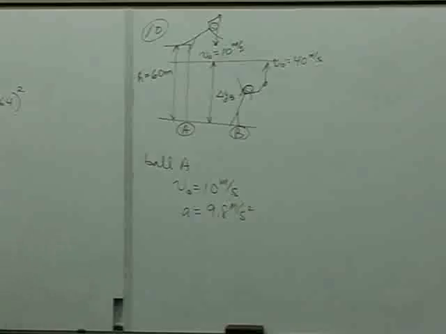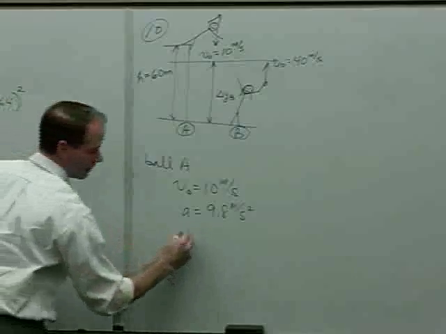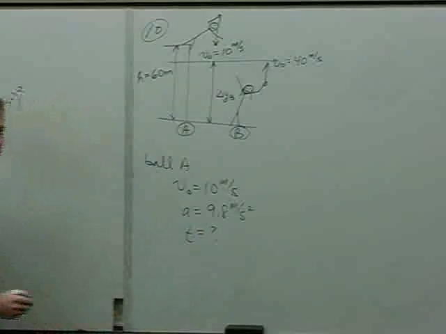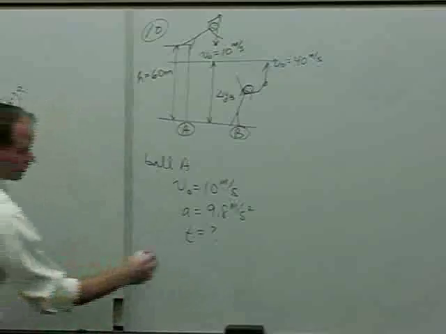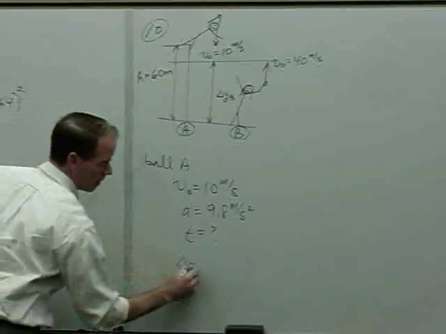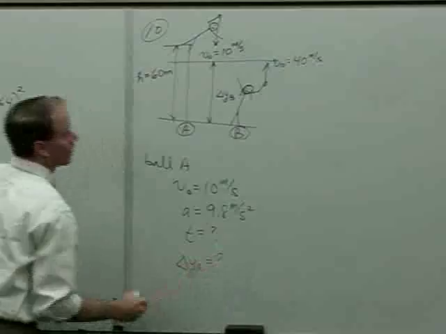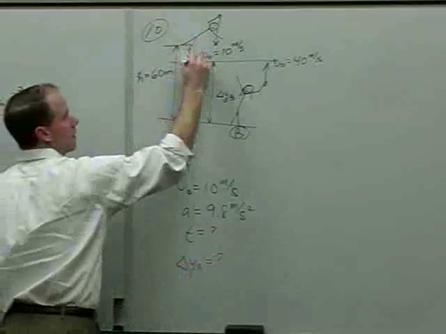What else do I know? You're right, I don't know anything else. So let's give it some variables. I don't know time, let's just call it t. I don't know displacement. Let's call it delta YA. That's this distance right here.